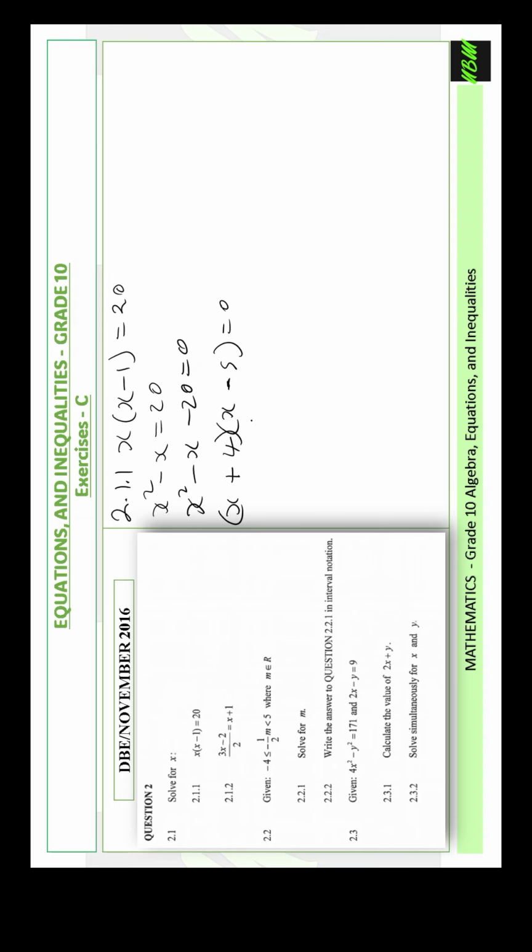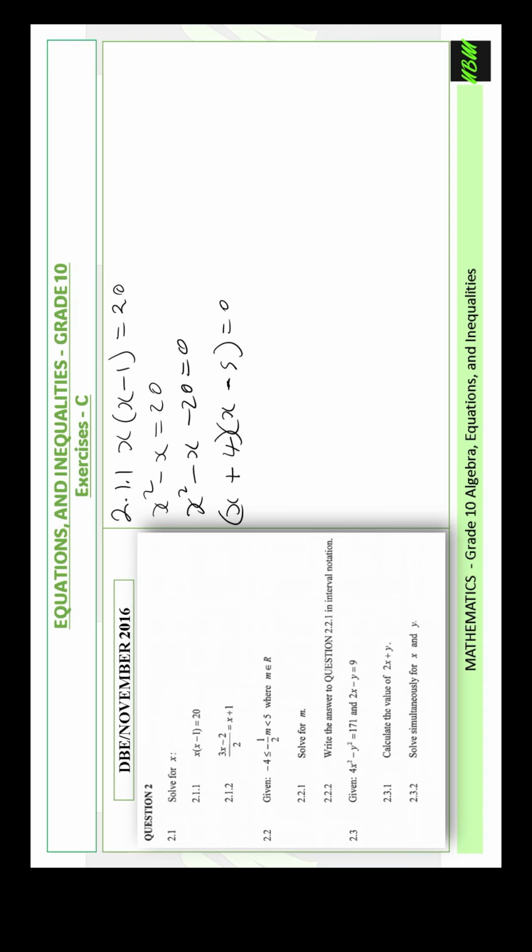So right now what we have done is a method of inspection, trial and error, because this was a very simple quadratic equation. But even with this one, you can still follow that process if you still get lost somewhere somehow here. Like I said, step by step, you will never get it wrong when you do things step by step, especially if you are not yet strong in solving your equations, factorizing by inspection.